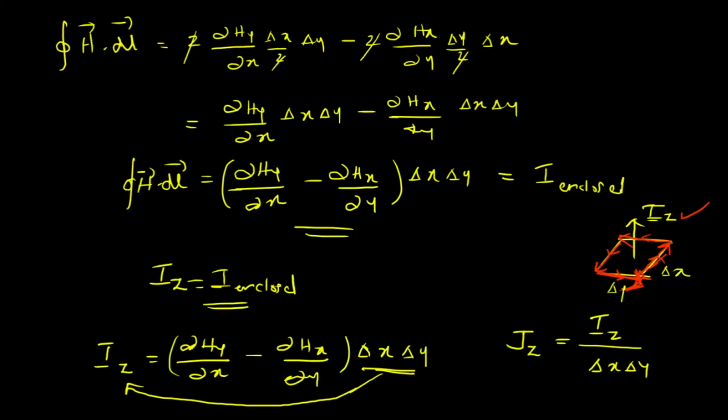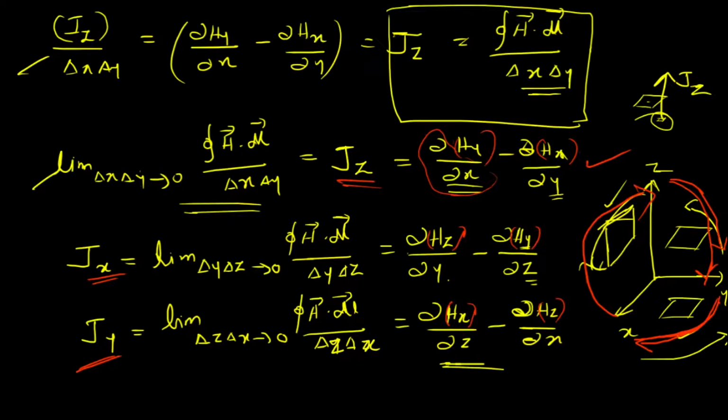So if you go with the general representation, the J vector can be represented as Jx Ax cap plus Jy Ay cap plus Jz Az cap. Agree? Just a vector representation. If I represent the J vector in the Cartesian coordinate system, this is how I do it.